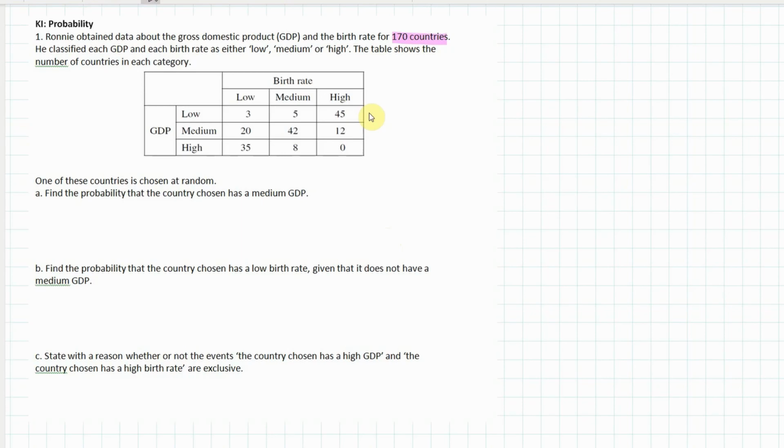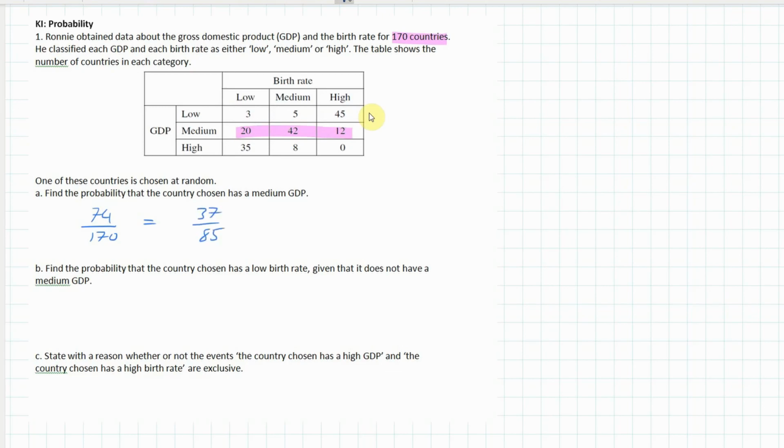And we've got to find the probability that a randomly chosen country has a medium GDP. So that is all the way along here. So out of 170, what was that? 74, I think. Over that, so that's 37 over 85, I think.